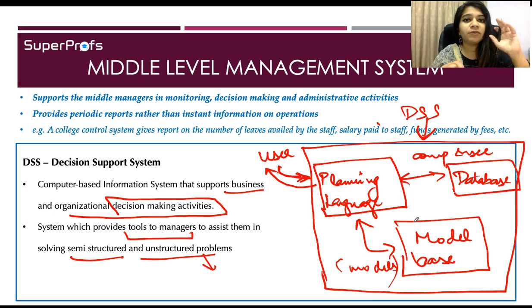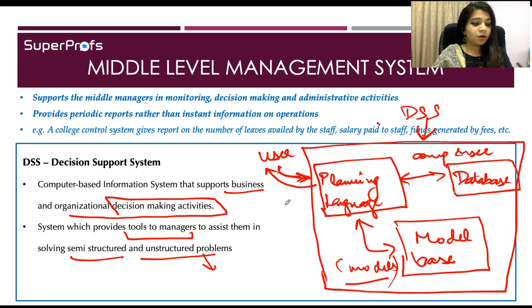Previous year is something which has already happened, or a model is something you are taking as an example or as a case. So the model base would have previous experiences as models. The database would be the actual company and user database, and both of these work in connection with the planning language, and this complete DSS is being utilized by the user.